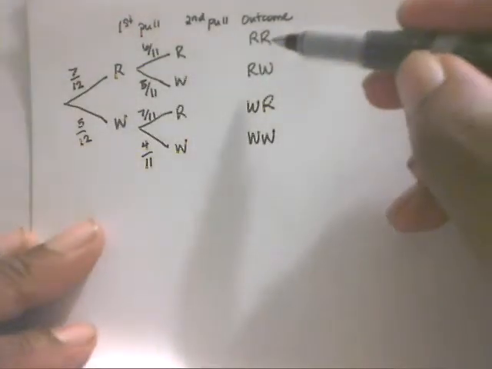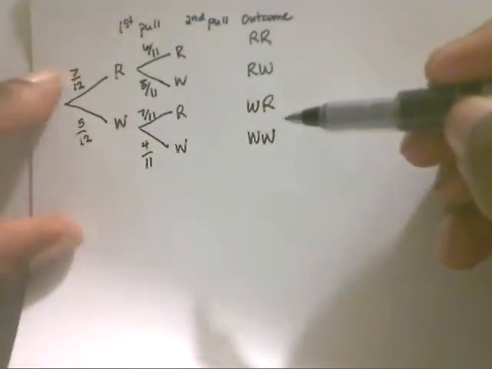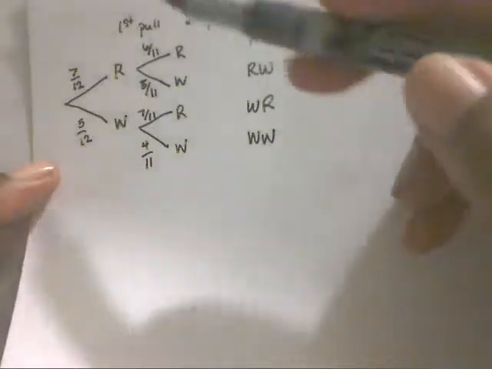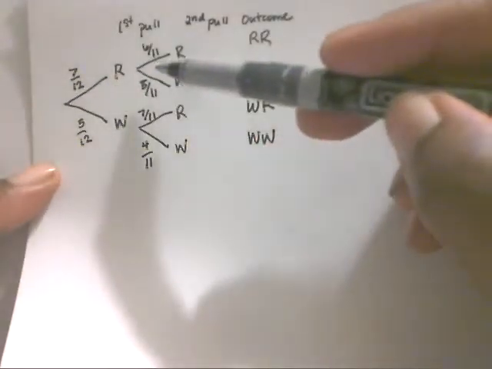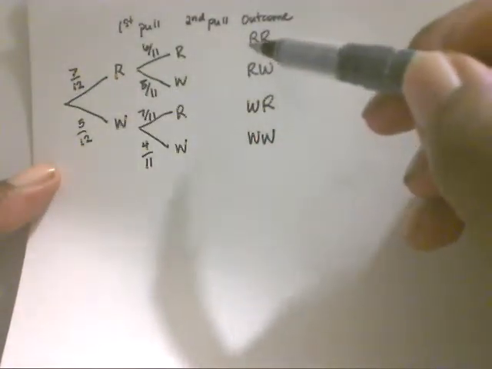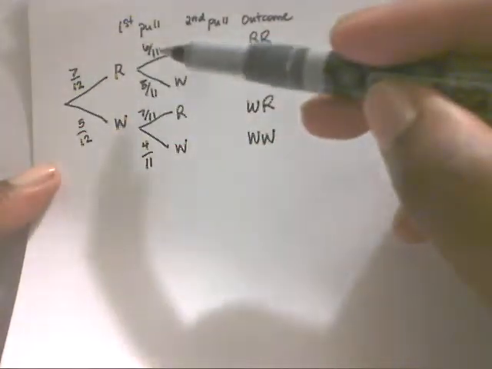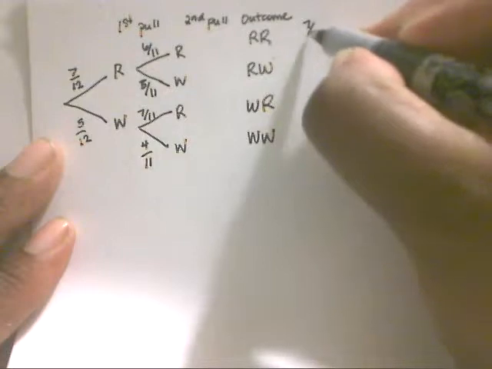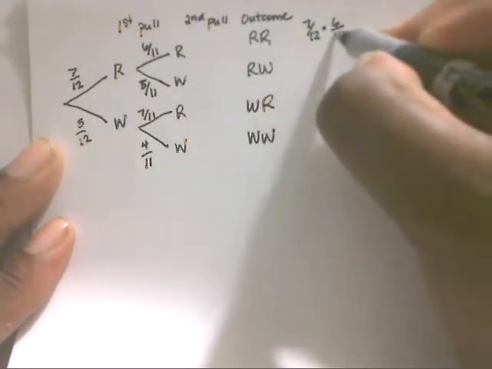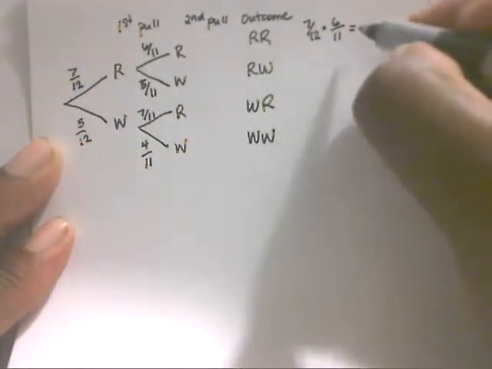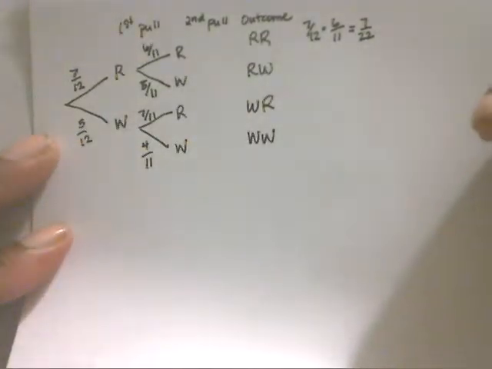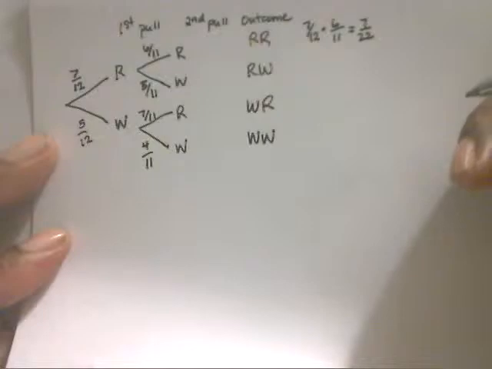To find out what the probabilities are for each one of these, we multiply the probabilities that are along these branches. So for a red and a red, it's going to be 7 twelfths times 6 elevenths, which will be equivalent to 7 over 22 if you reduce this to simplest form.